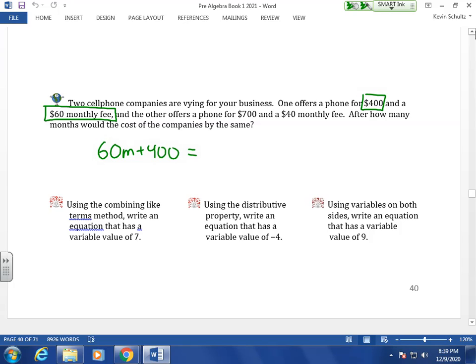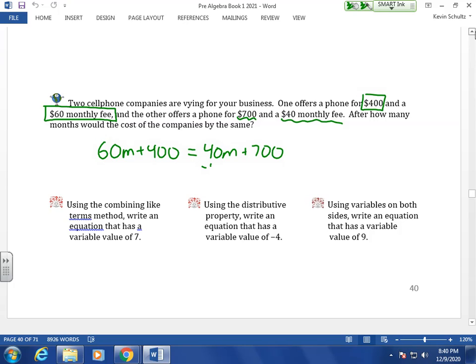When is that going to be the same as $40 per month plus $700? Because you only buy that phone once. So again, we have a two-step equation to solve here. $60 per month plus the price of the phone. When will that be equal to $40 per month plus the price of the phone?